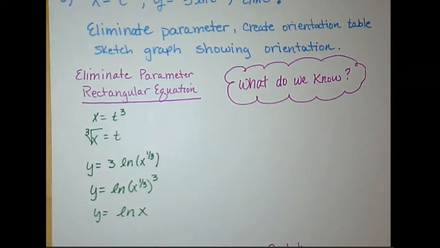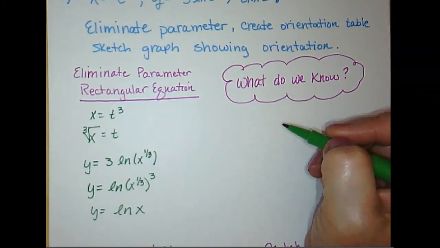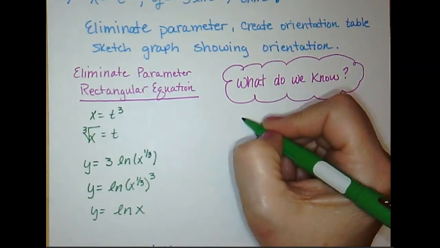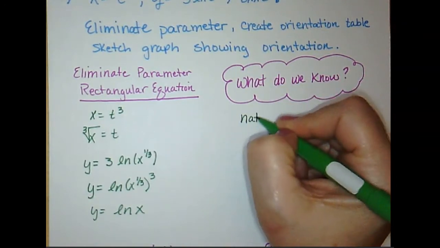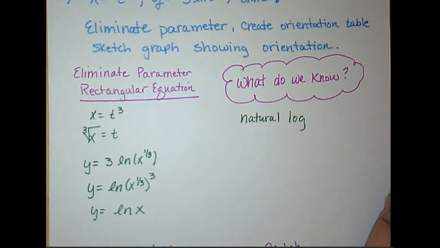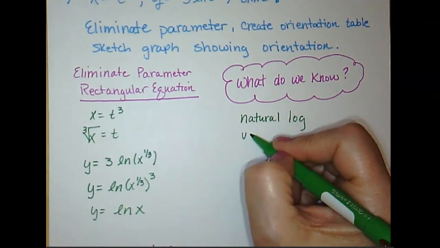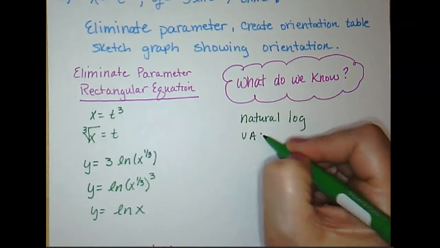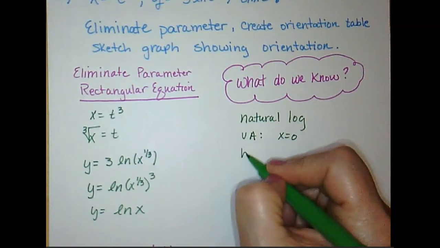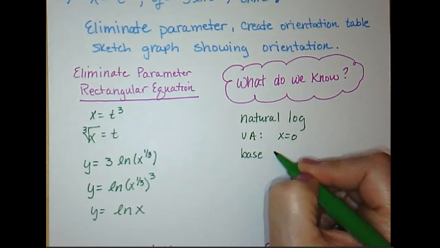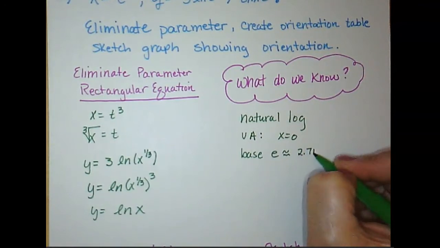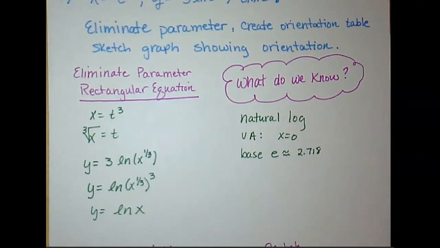Okay, so dig back and let's think about what we know about this one from Algebra 2. y equals natural log of x. We know it's the natural log. We know that it has a vertical asymptote at x equals 0. We know that this is a base e, and base e is approximately 2.718, in case you forgot.